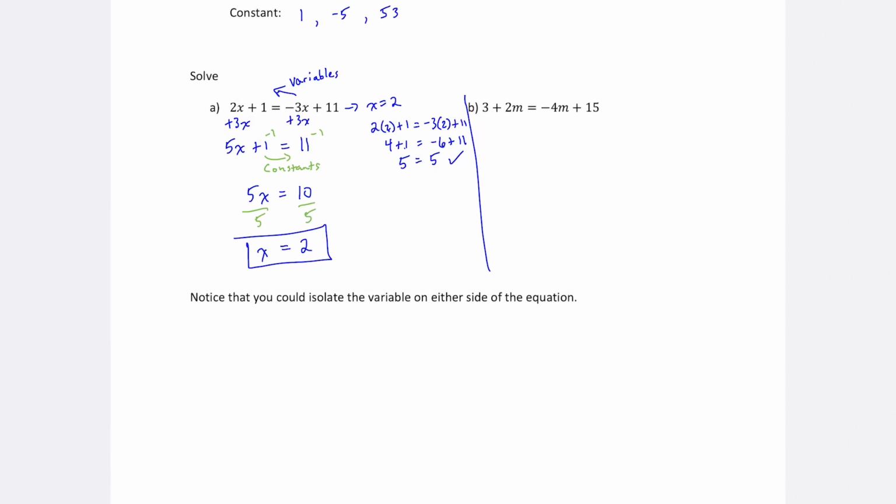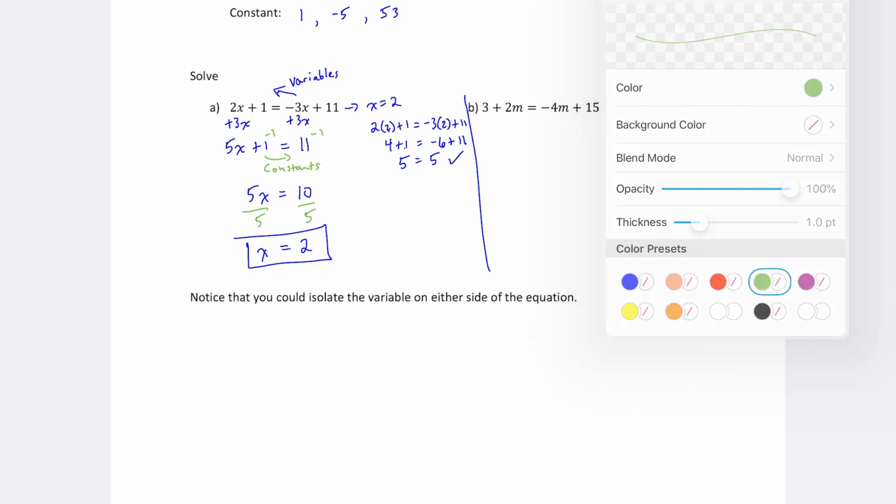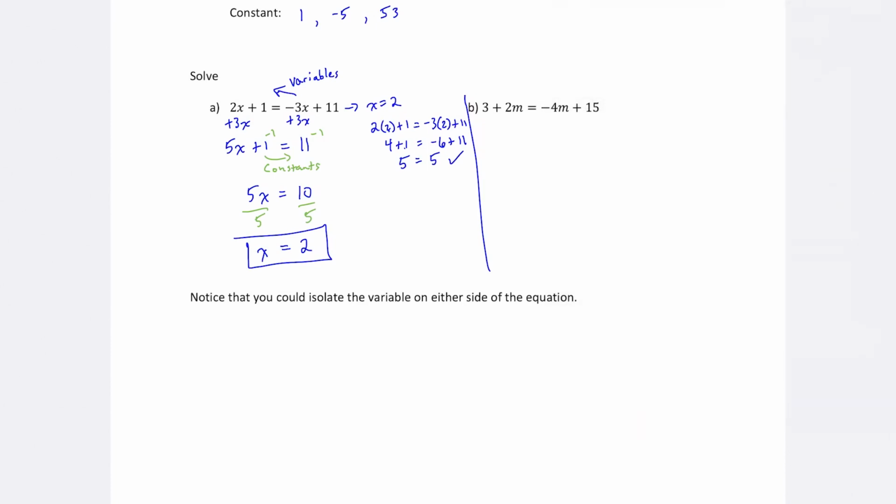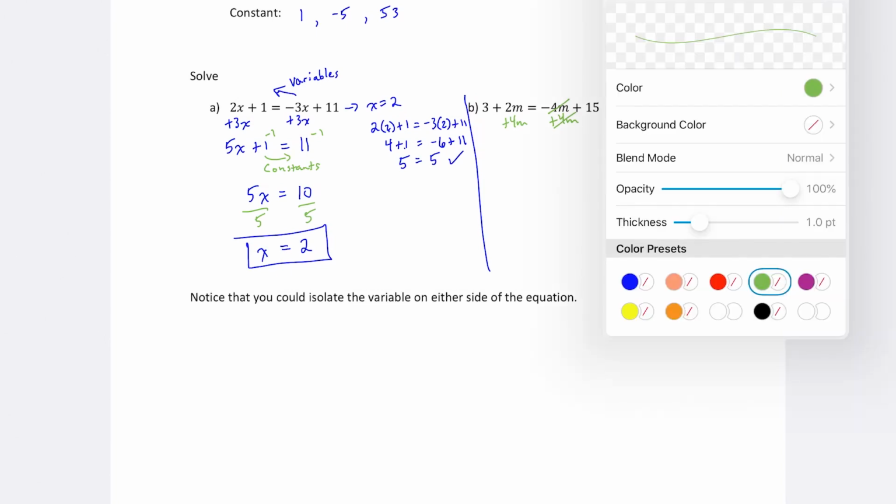Okay, second equation. 3 plus 2m is equal to negative 4m plus 15. So again, let's move the variables to the one side. So let's add 4m to both sides, because that will cross this out.